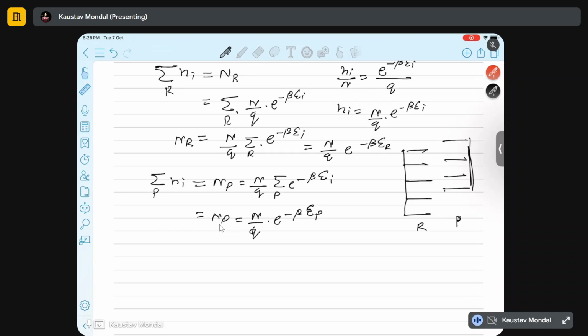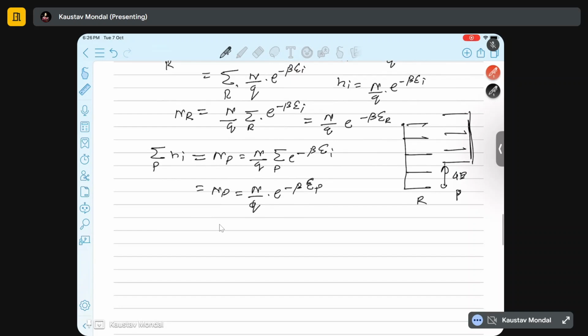There is basically a difference in the zero point energy, delta E, right? So EP would be ER plus, so EP would be basically E prime P plus delta E0, right?